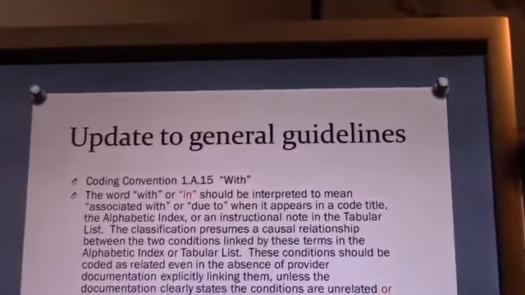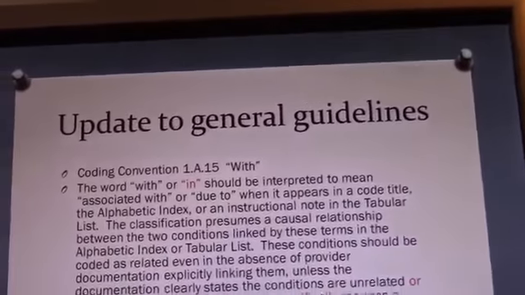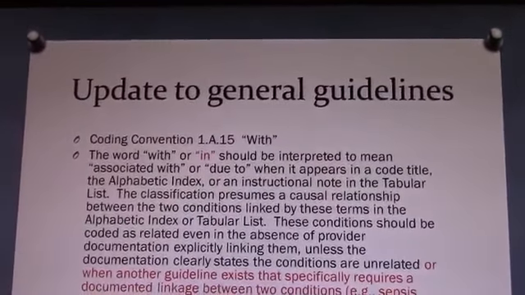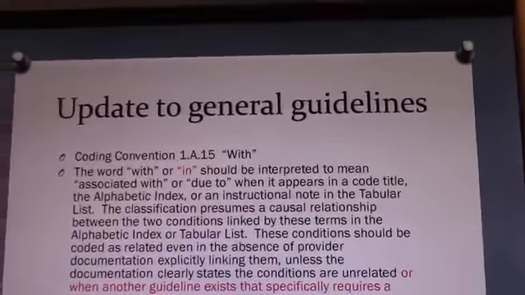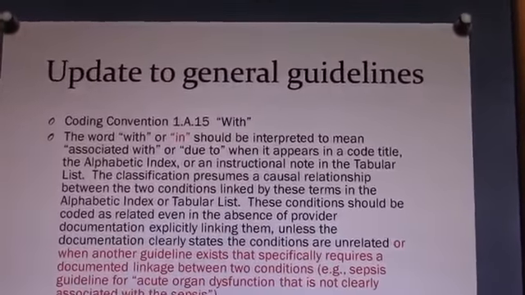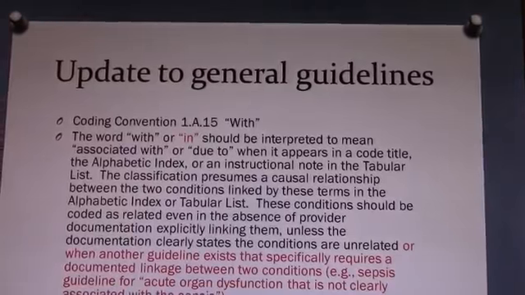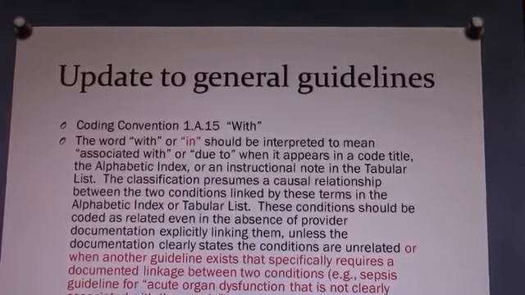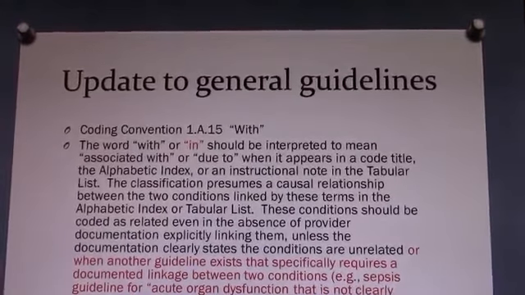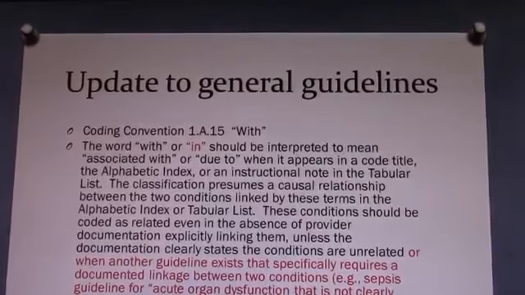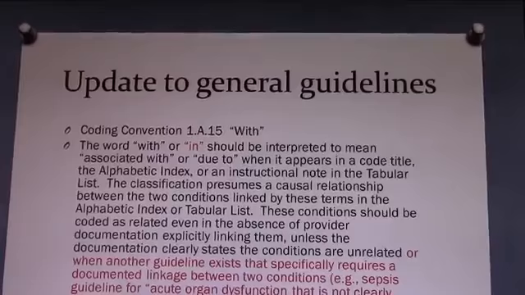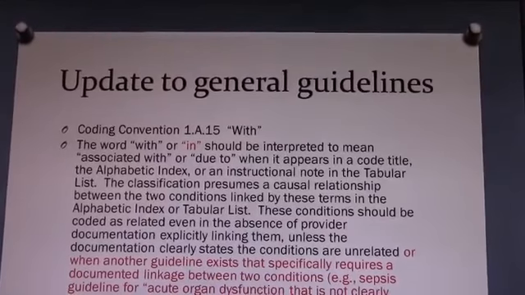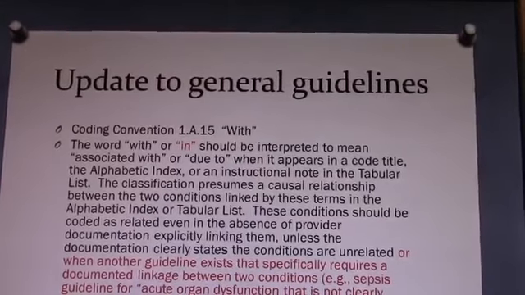So on your code 2018 updates, I have a rule here that says for coding convention 1A15 "with," the word "with" or "in" has been added to this guideline, should be interpreted to mean "associated with" or "due to" when it appears in a code title in the alphabetic index or an instructional note in the tabular list.